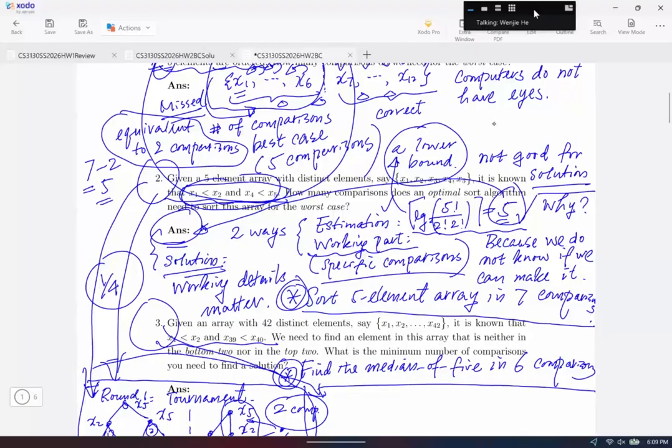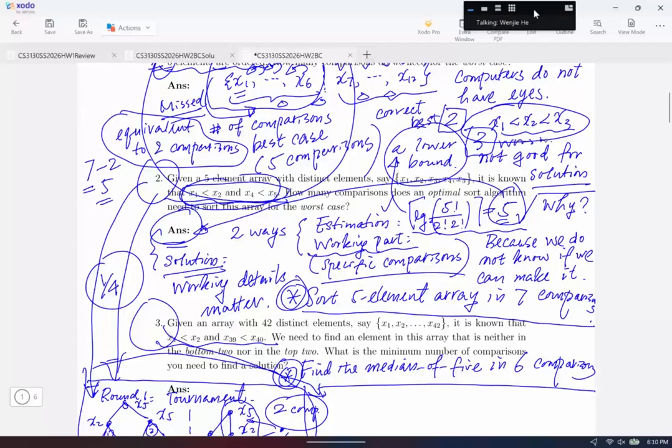For example, if the given condition is x1 less than x2 less than x3, how can you use the equivalence condition to translate this condition? Some students use 3, because you need 3 comparisons to sort 3 elements. Some students use 2 because the best case is 2, and the worst case is 3.